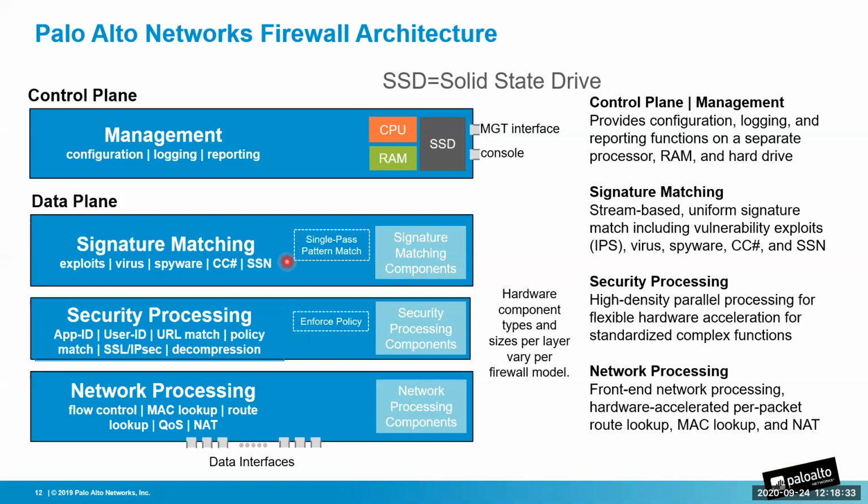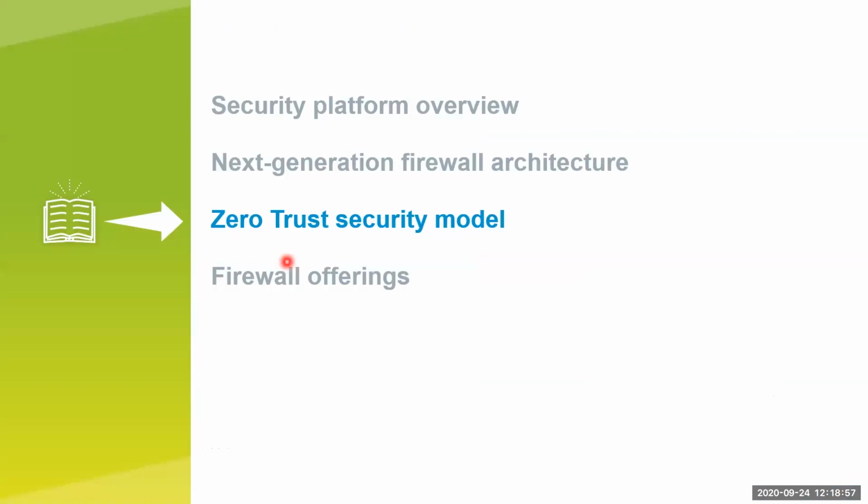We also have a very sophisticated signature engine for credit card numbers, social security numbers, etc. So the single pass parallel process, again, is the reason for the effectiveness and speed of the firewall.